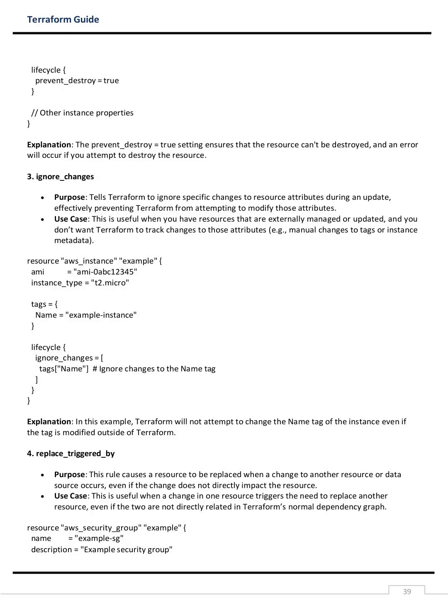3. Ignore changes. Purpose: tells Terraform to ignore specific changes to resource attributes during an update, effectively preventing Terraform from attempting to modify those attributes. Use case: this is useful when you have resources that are externally managed or updated, and you don't want Terraform to track changes to those attributes, for example, manual changes to tags or instance metadata.